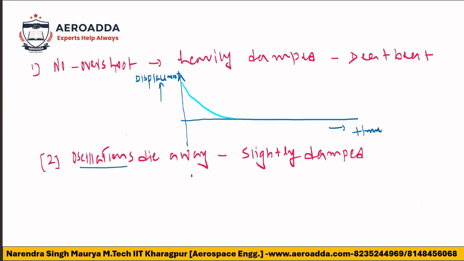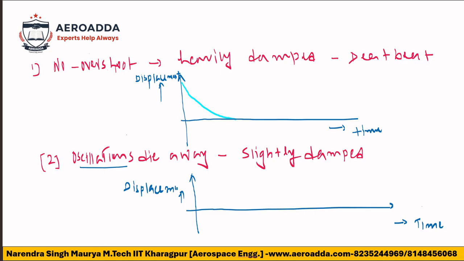Check it. See, this is time, and this is displacement. What will be the graph for this particular case? Because of the disturbance, this is the amplitude, you can say this is x naught.